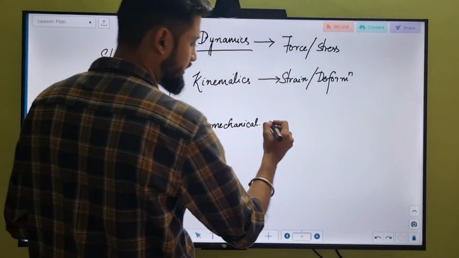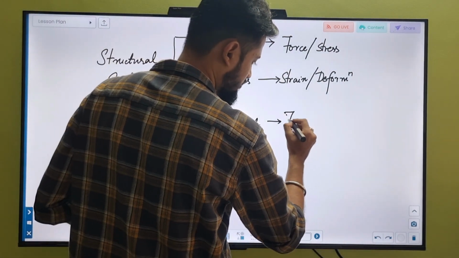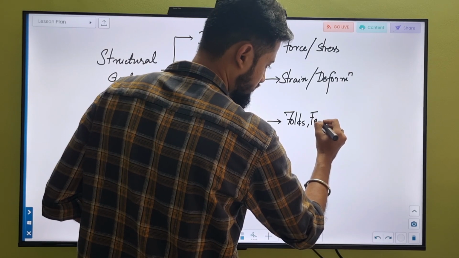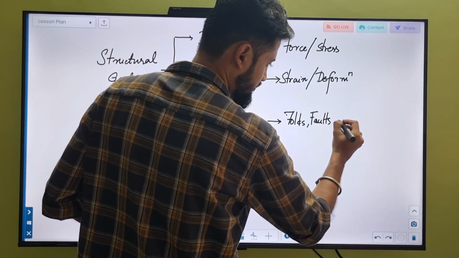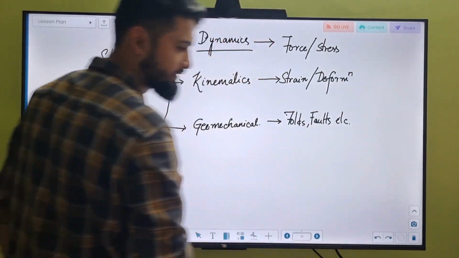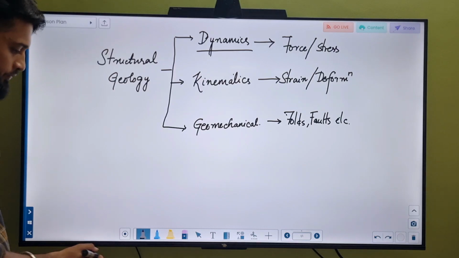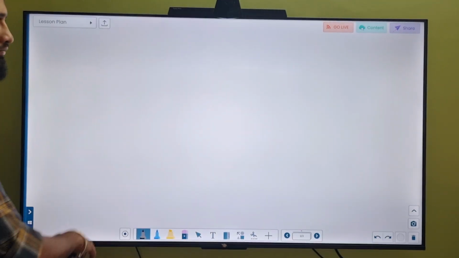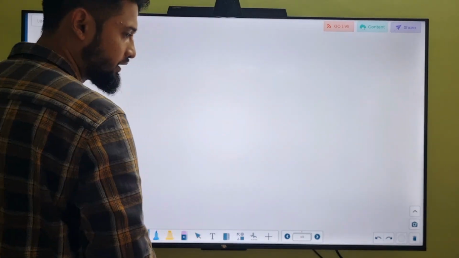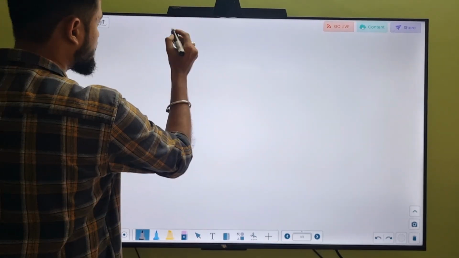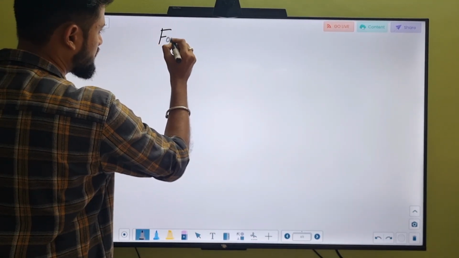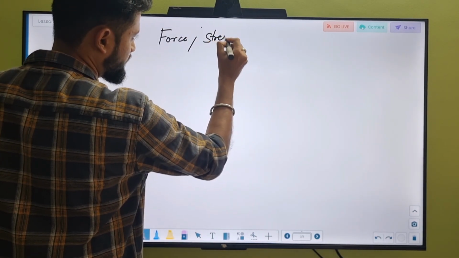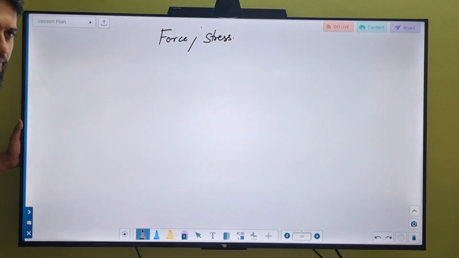And in geomechanical, we usually study folds, faults, etc. Okay, so now we'll start with the dynamics. Okay, so in dynamics, we'll first start with force or the stress.